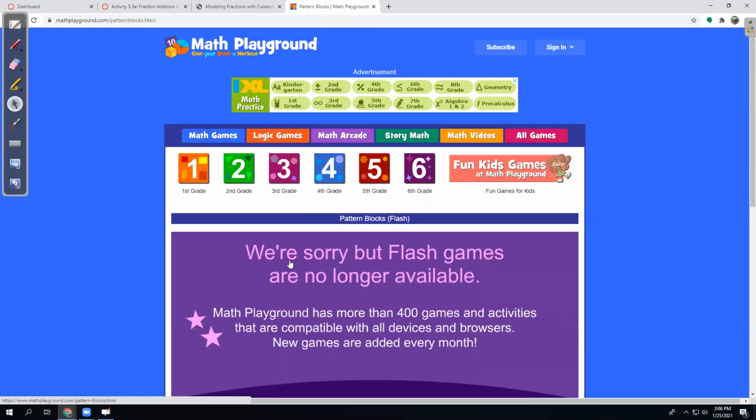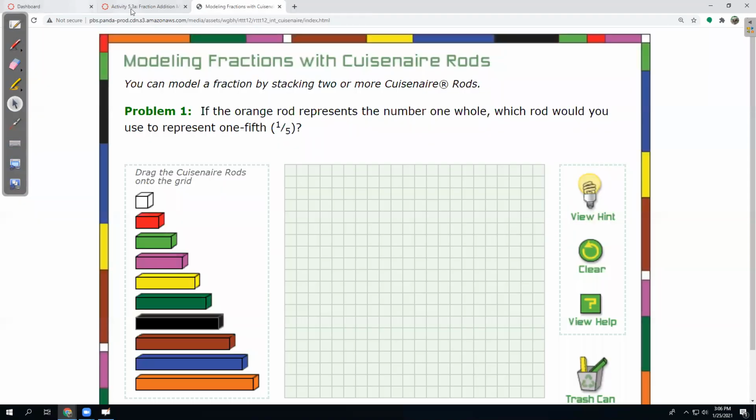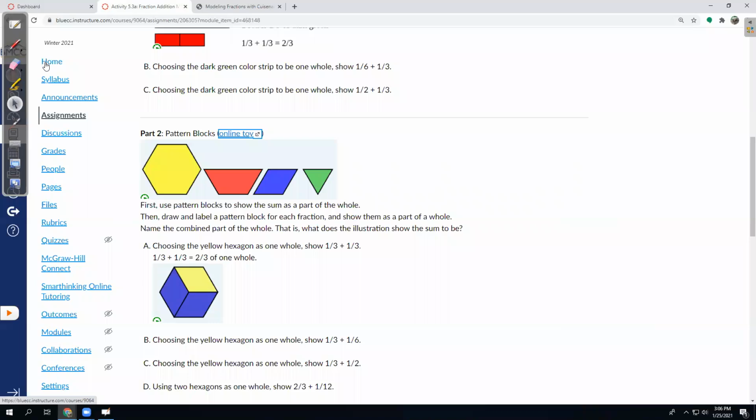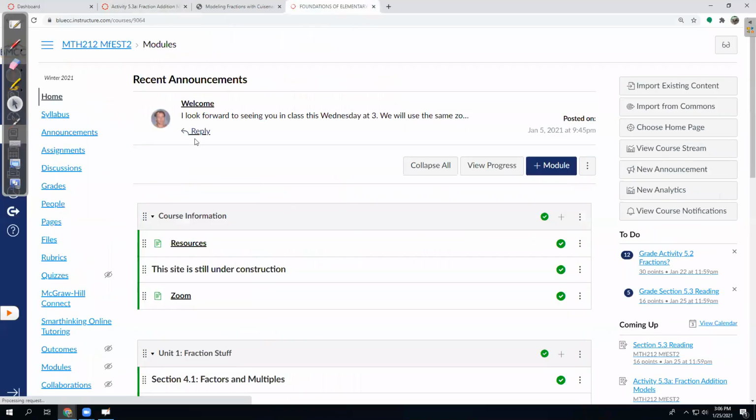No, that one. Okay, so again, there are a lot of different versions of this. This one is based on an application called Flash from Adobe, which is no longer used in browsers because it's a security hazard. So I need to fix that link right now. Sorry about that. And on the resources page should be the right one.